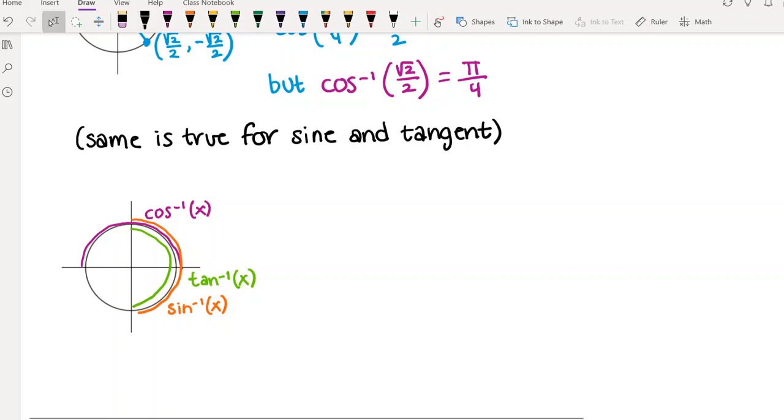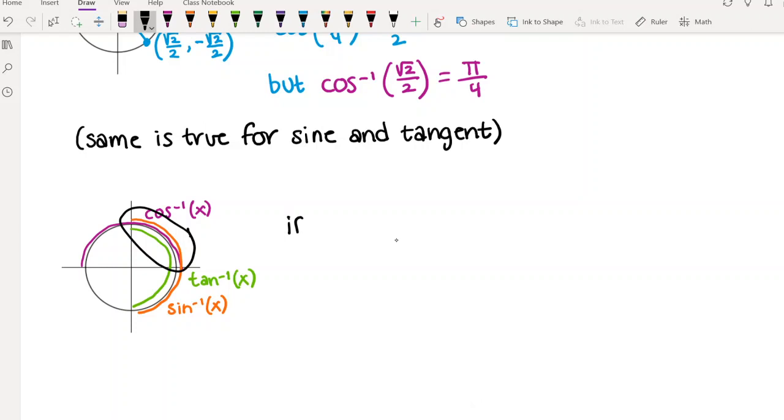They all have in common quadrant 1, right? If you have an angle that is in this part of the unit circle, inverse cosine, inverse tangent, and inverse sine can all give you that angle back when you take the inverse.